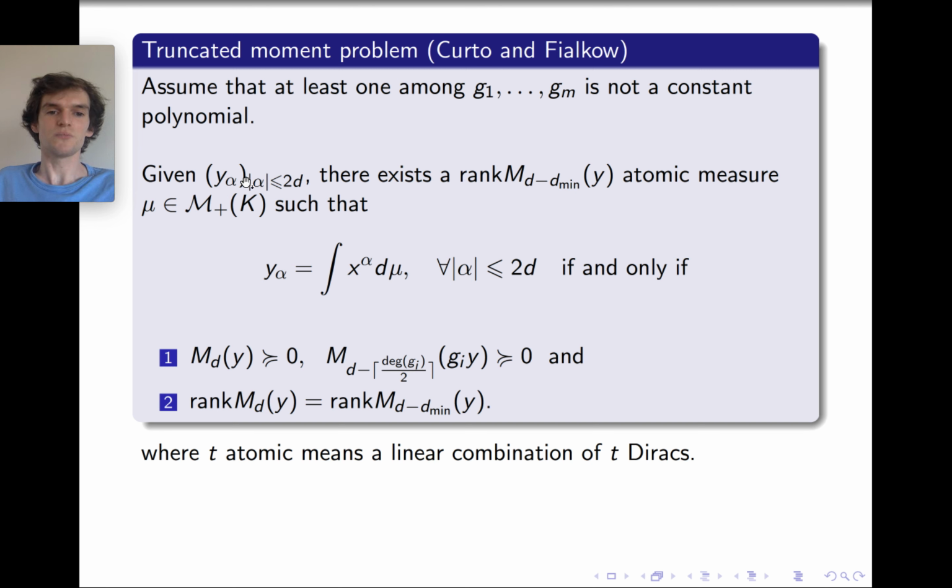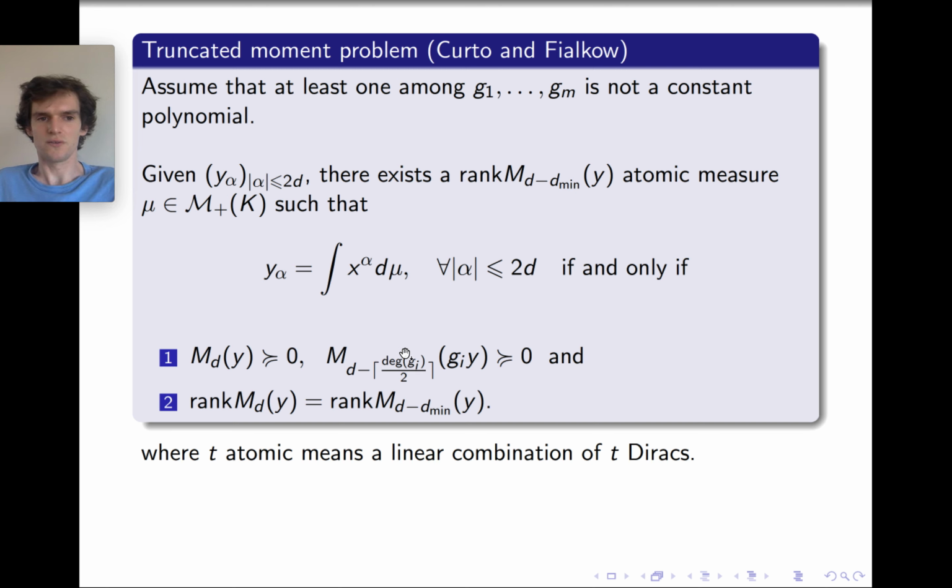So given some multi-indexed numbers, now a truncated sequence, there exists a rank-r atomic measure mu that is non-negative, supported on K, such that y alpha are the moments, if and only if the moment matrix is positive semi-definite, the localizing matrices are positive semi-definite, and the rank is preserved.